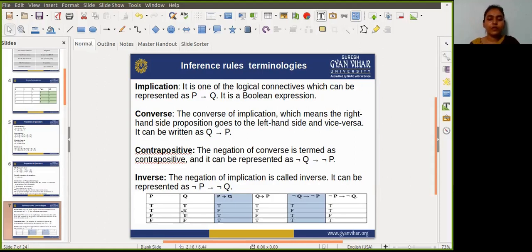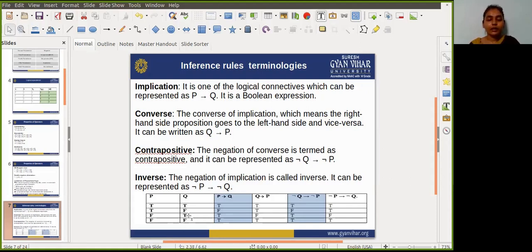So if the if condition is false, we don't check the value of the then condition. Whatever the then condition is, the result will be true. So the second row gives a true value.